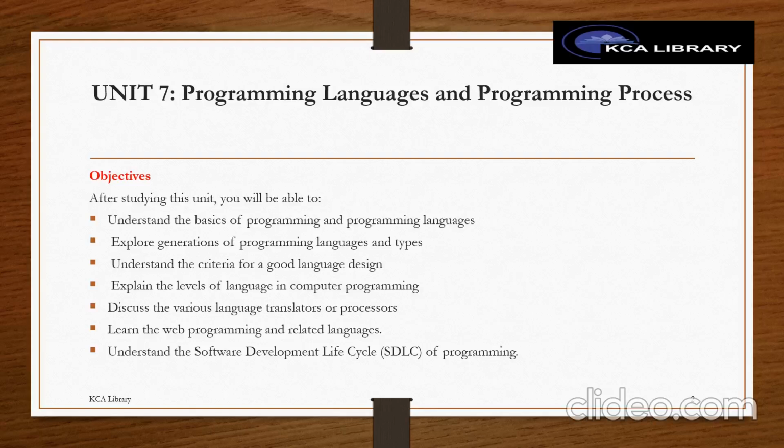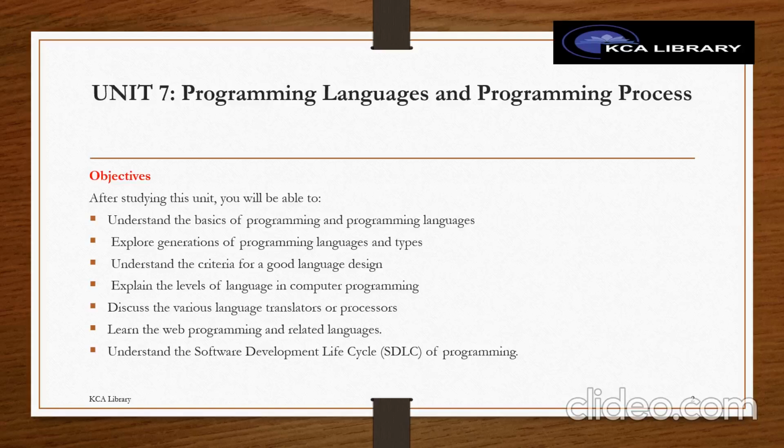And here we are going to look at unit number 7, where we are going to look at programming languages and the programming process. So the objectives of this unit are to understand the basics of programming and programming languages, explore generations of programming languages and types, understand the criteria of good programming language design.